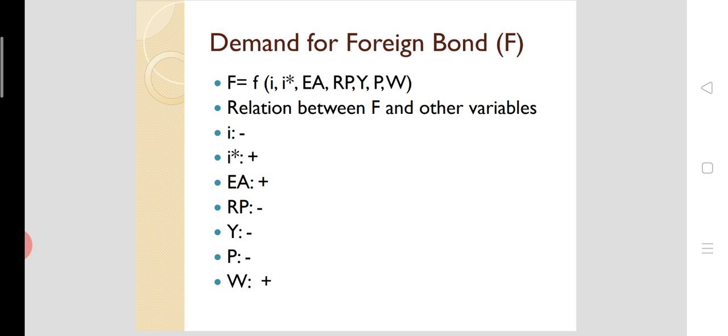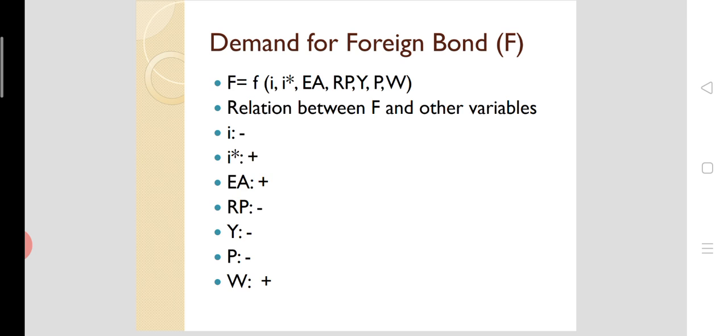And next one is Y. Y is the income. Whenever the income is increasing, the demand for money will increase, and the demand for foreign bond and domestic bond will come down. Next one is price, represented by P. P stands for the domestic price level in the economy. When there is inflation in the economy, demand for money will increase, as they need more money to meet their requirements after inflation.